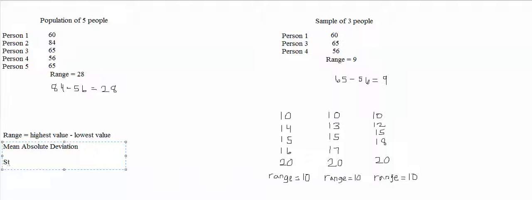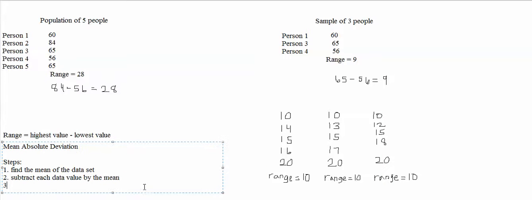Right now I'll list the steps to get the mean absolute deviation. First we have to find the mean of the data set. Next we have to subtract each data value by the mean to get values called deviations.